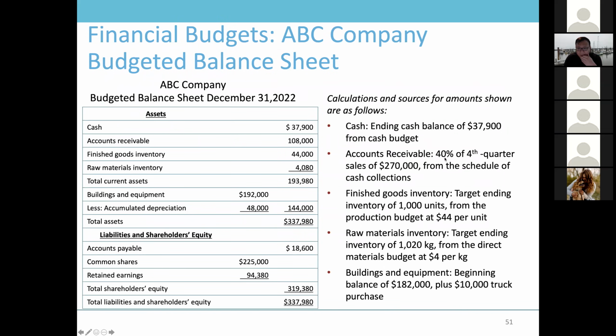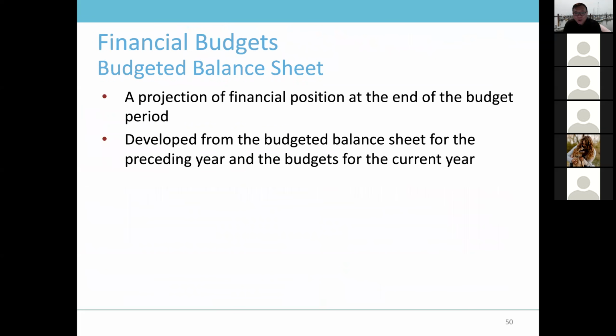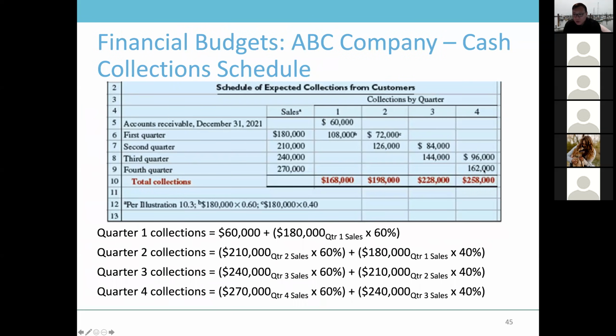40% of your 270,000 in the last quarter is 108,000. Yes, yes. I think I was looking at the second quarter, but they are asking about the fourth quarter, because this is the balance sheet at December 31st. So I was pointing to the wrong quarter. We are talking about this quarter. 40% of the 270,000 is not collected yet.